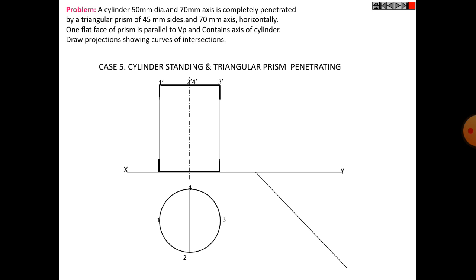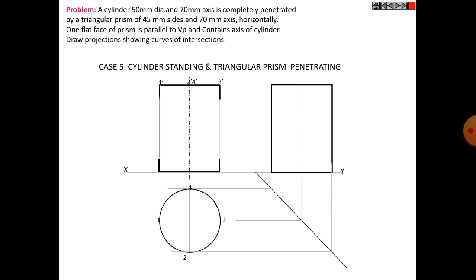Similarly, draw the inclined line and project all points, and with the help of those points create a side view. So this is the first part of our problem. Then mark the names horizontally as 1 dash, 3 double dash, 2 double dash, 4 double dash.